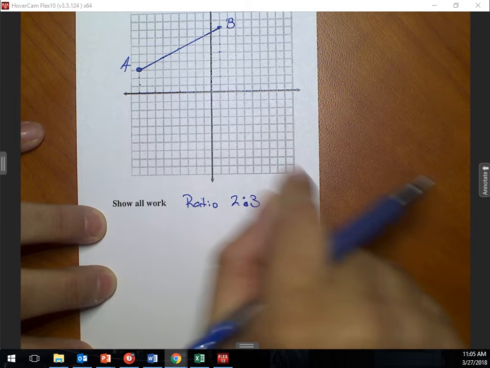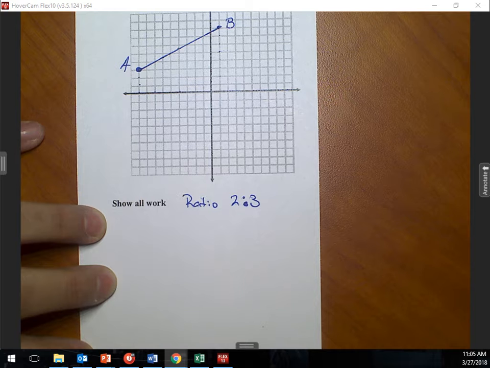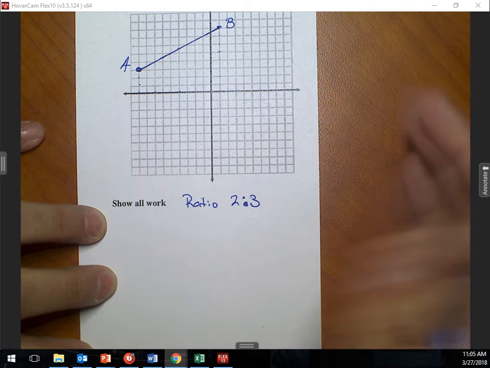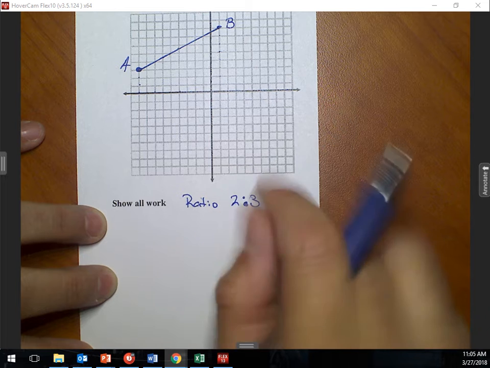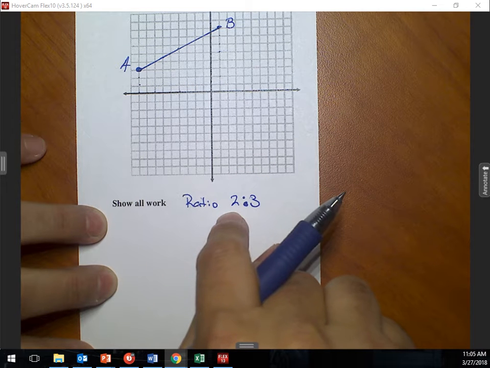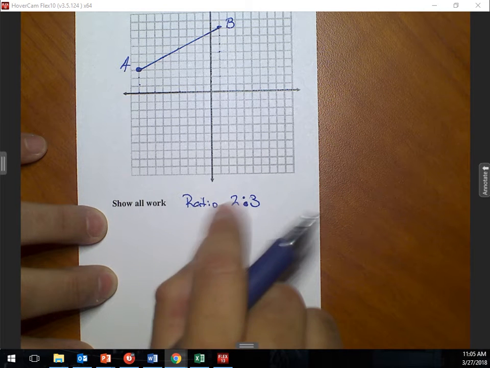How many parts are there total? 5, very good. There's going to be 5 parts out of this, so the piece I'm looking for is going to be this first part.